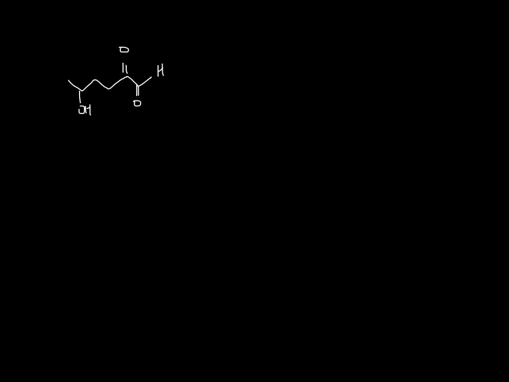All right, welcome back. Let's number this guy. We would number from the aldehyde, which is on the far right, carbon 1, 2, 3, 4, 5, 6. So therefore this would be a 6-carbon chain, which is a hexane. It's an aldehyde, our highest priority functional group, so it would be a substituted hexanal.